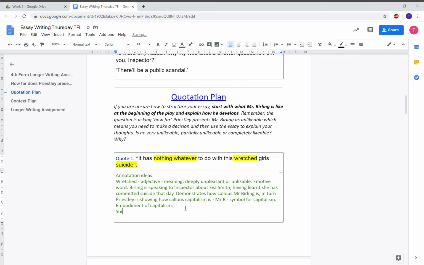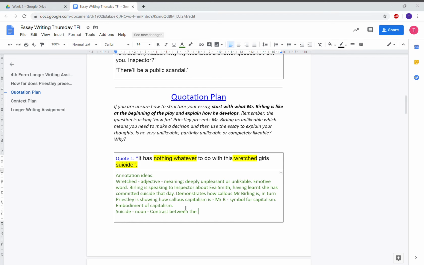Then I'm going to zoom in on the word suicide, okay? Now, of course, suicide is a noun. You don't necessarily have to note that it's a noun. But what you would talk about, perhaps, is that there's a contrast between the gravity, how can we word this?